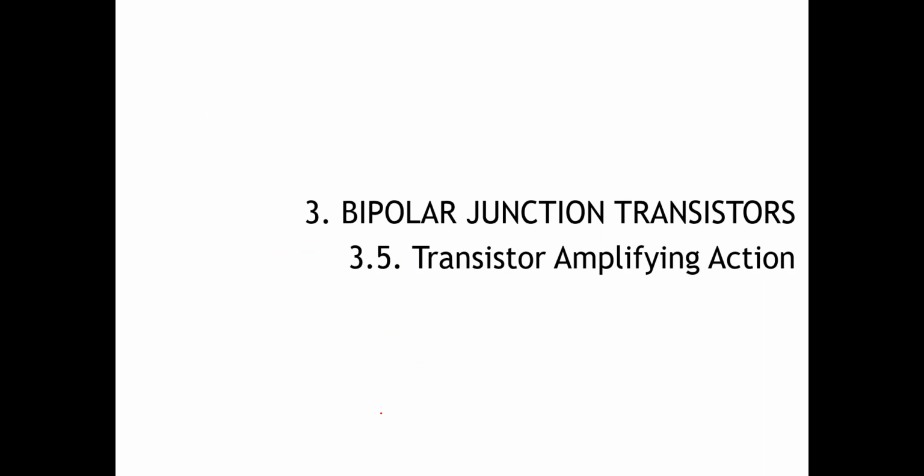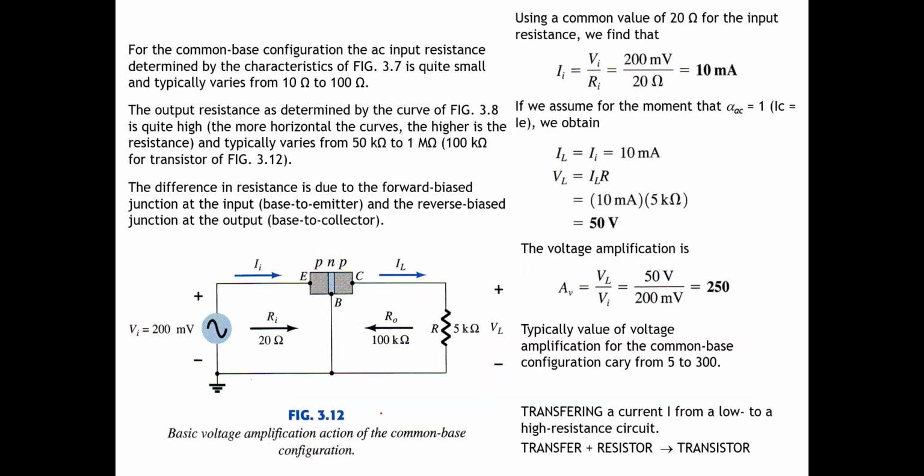Okay, and then how does the transistor work as a transfer resistor? So how can the transistor amplify the current? We can see here the input voltage of 200 millivolts, and this input voltage has an input resistance of 20 ohms.